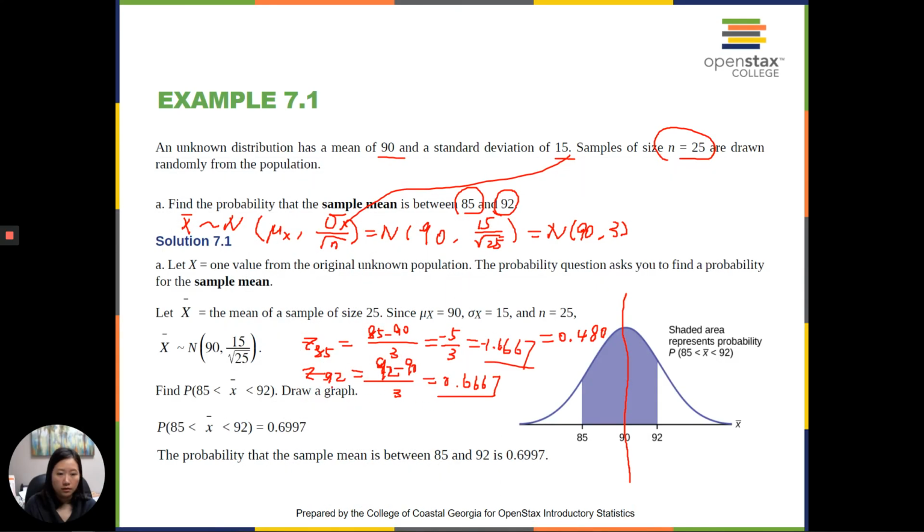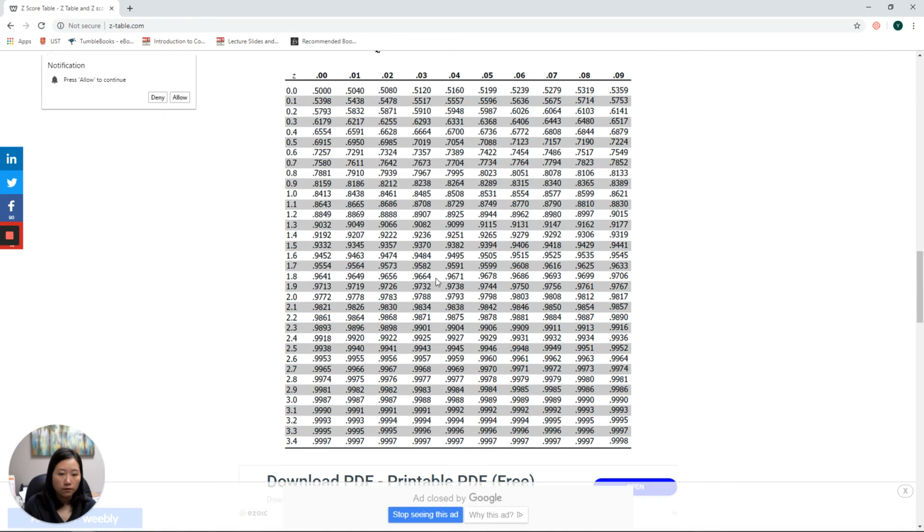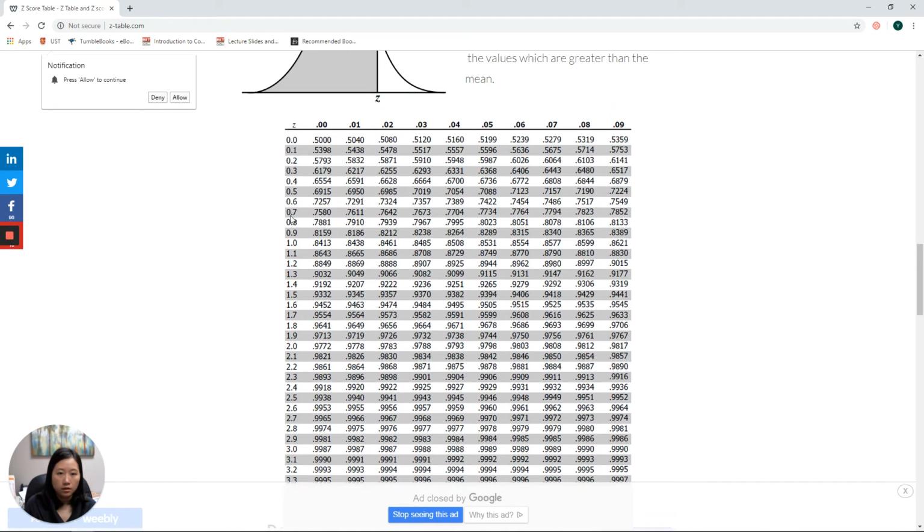And then this one is equal to the one with positive 0.667.